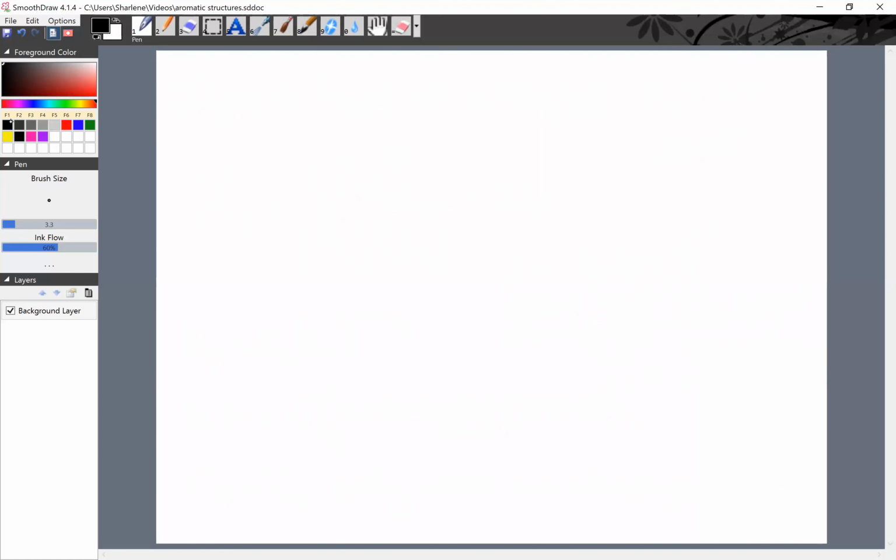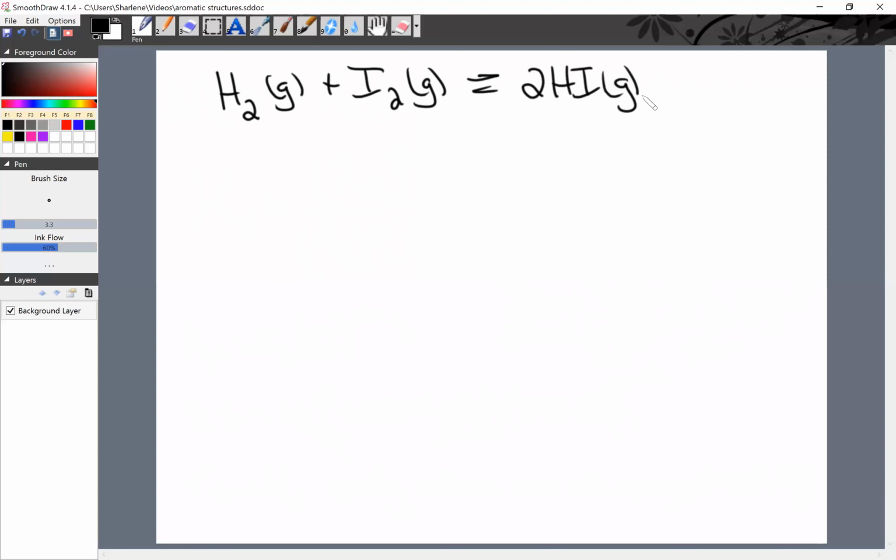One last example. How about hydrogen gas plus iodine gas going to 2HI? Again, I could do the equilibrium expression. I could do it in pressures or I could do it in concentrations. But Kp is equal to Kc times RT to the change in the moles of gas.